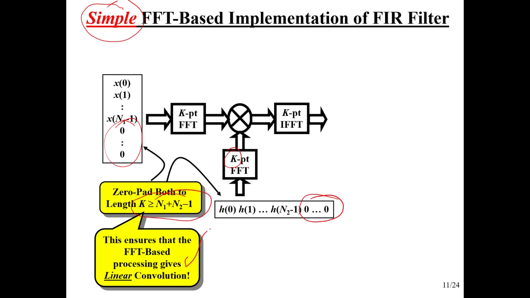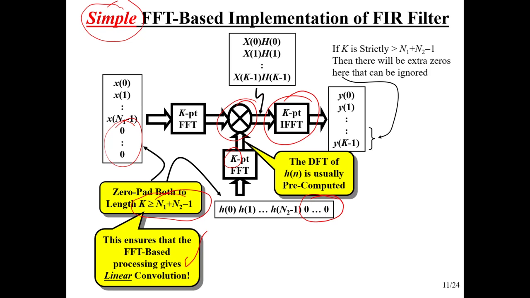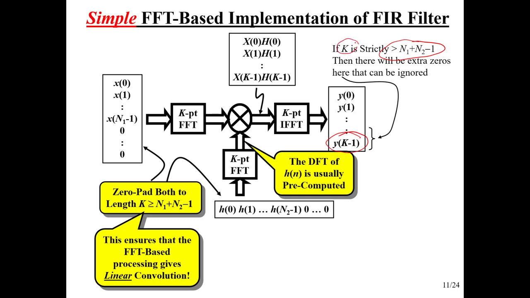And that will ensure that when I do this product and take the inverse FFT of that, the thing that I get out over here is going to be the actual convolution. Now, if I went k exactly equal to that, I'd have all the correct values that I want and nothing more. But if I pick k strictly greater than, and there may be times when I want to do that, then there will be some extra zeros at the end.